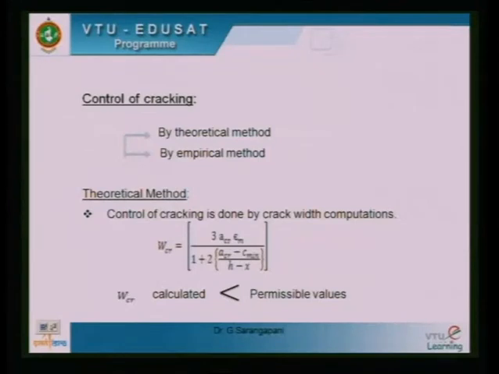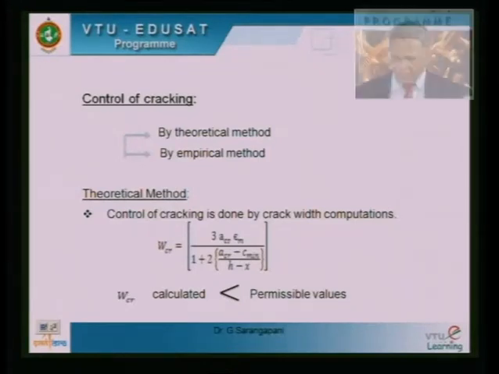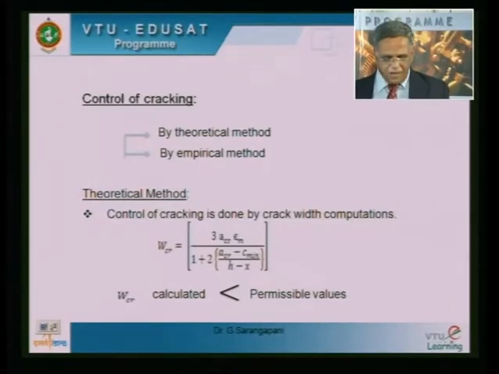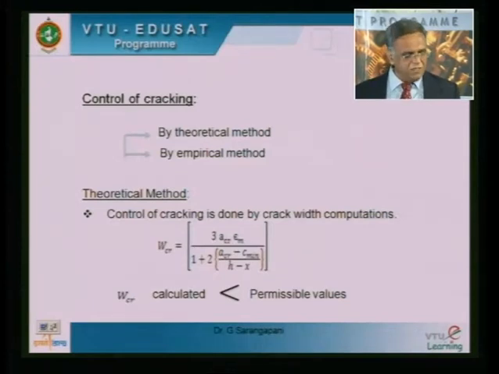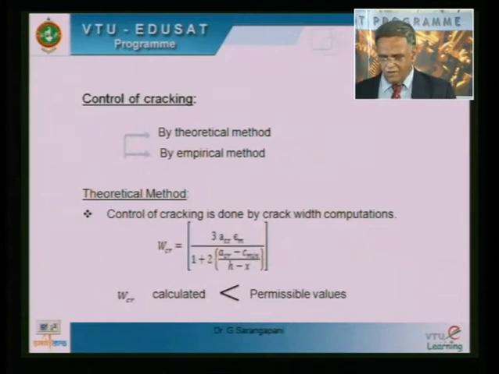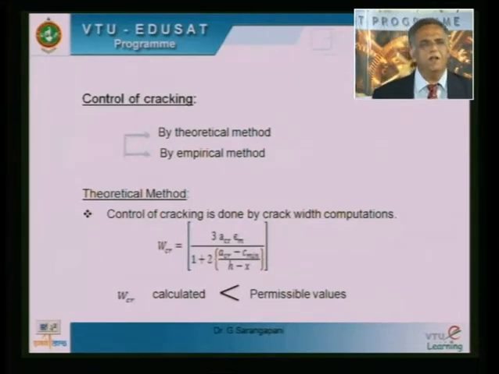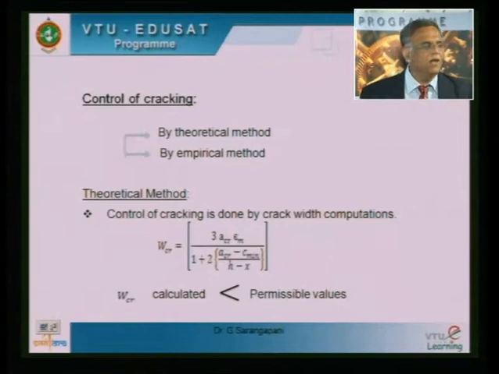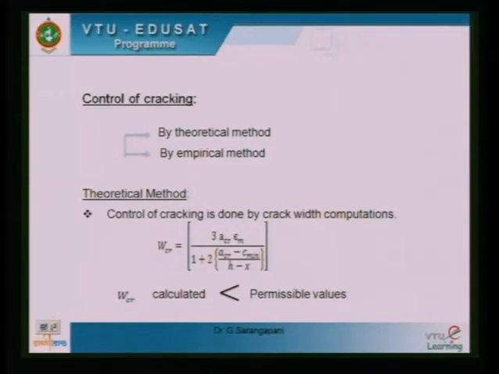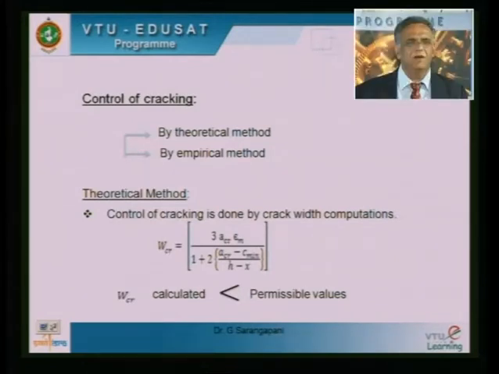This is prescribed in the code. One is the theoretical method, the other one is the empirical method. What do you understand by the theoretical method? Earlier, while discussing the theoretical method of deflection, I said that it is calculated based on some formula. Similarly, we have a formula to know the crack width WCR, given in the code.